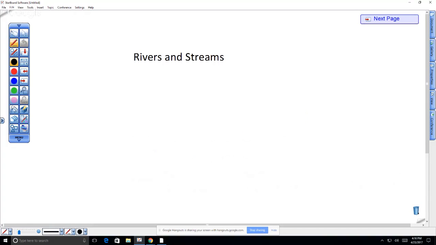Okay, so when we look at rivers and streams, these are referred to as lotic biomes. And around the lotic biomes, we have riparian habitats or riparian zones. Let's spell that right. Riparian.